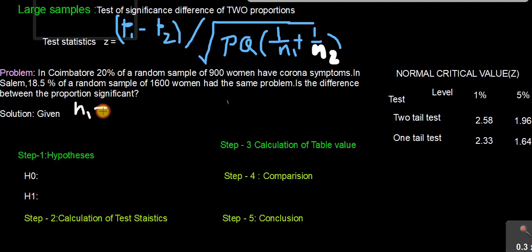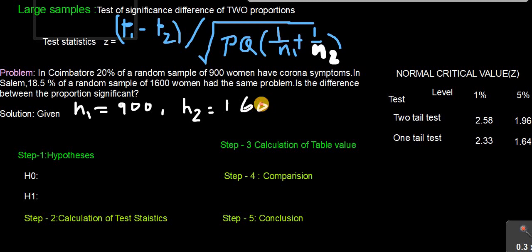How much is N1? N1 is the total sample size, 900. And N2 is also given, 1,600.